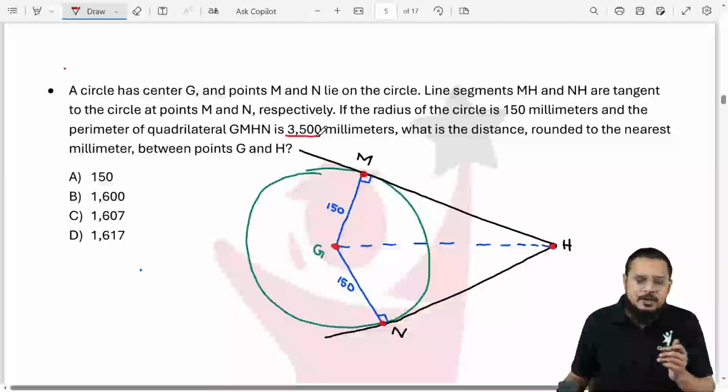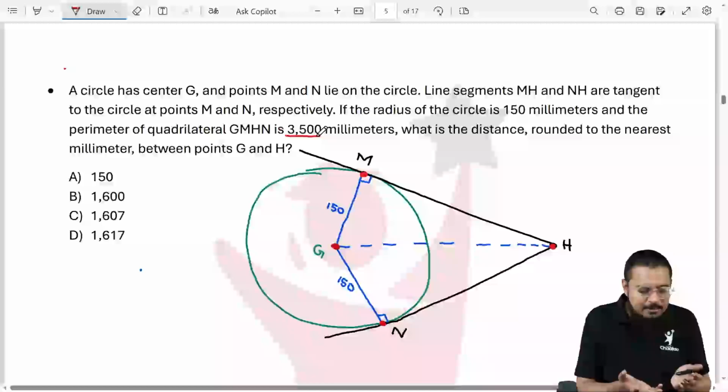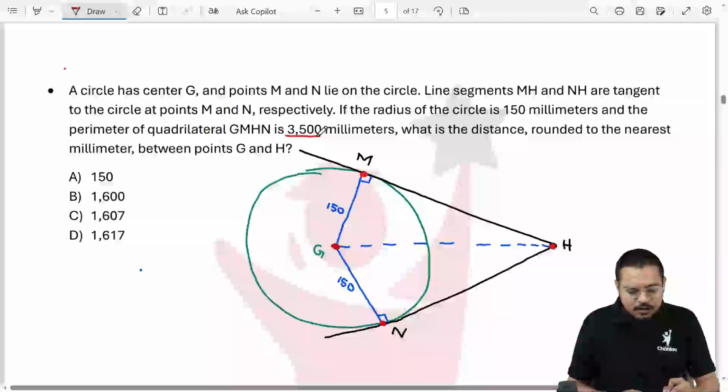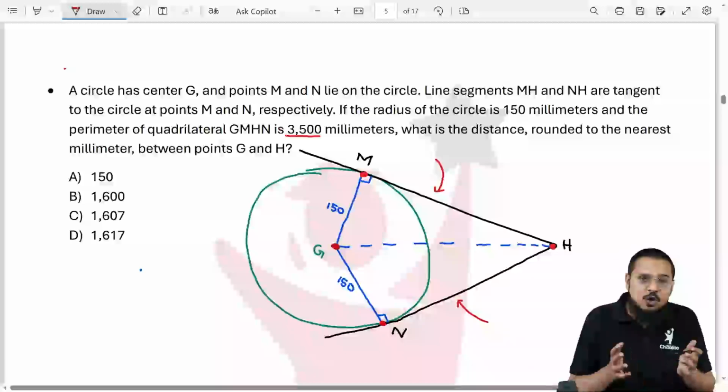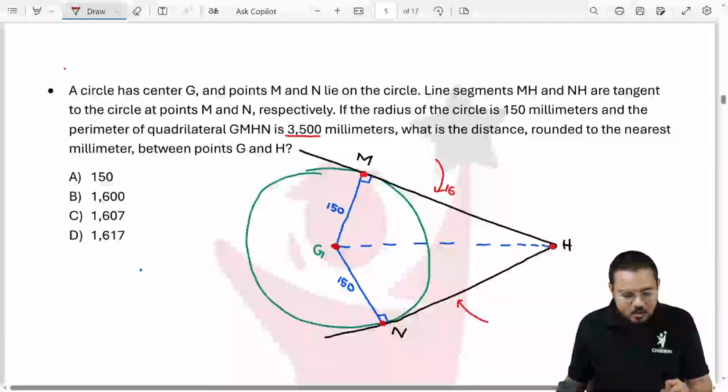So 3500 minus 300 millimeters would give you a remaining total of 3200 millimeters. And I need to divide this 3200 into two equal halves, because both of them should be equal in length. That is what congruency is all about, having identical lengths and identical angles. When I said MGH and GNH are two congruent triangles, that means two identical triangles. So if you're left with 3200 millimeters, it means that number is going to divide itself into exactly two halves. This would be 1600 over here, and this would be 1600 over here as well.